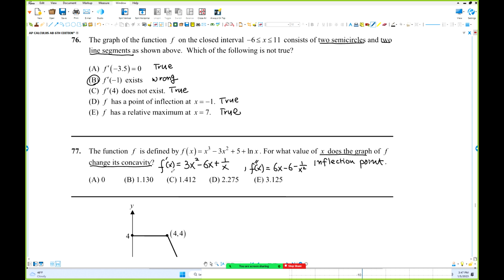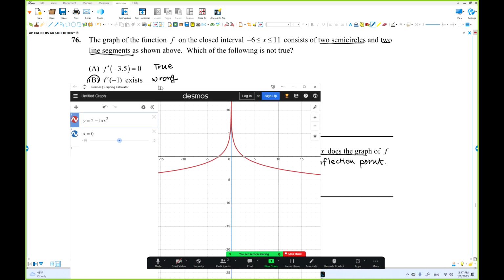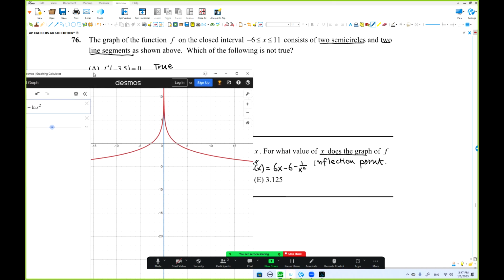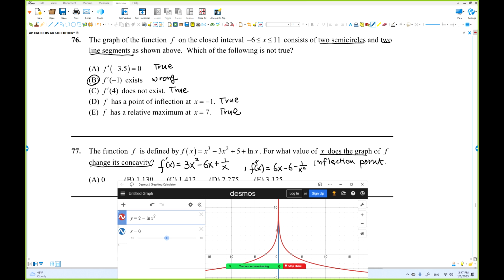Because this is number 77, we can use our calculator. To find the inflection point, we need the first derivative or second derivative only, okay? If you have a good eye, you can use the first derivative, not the original.